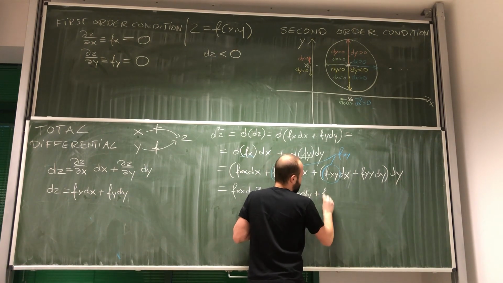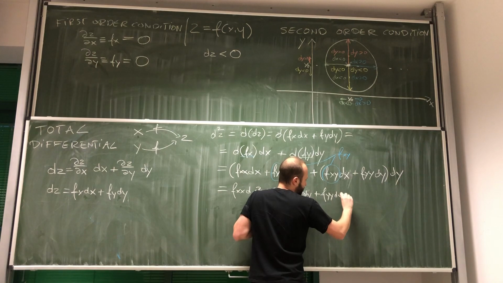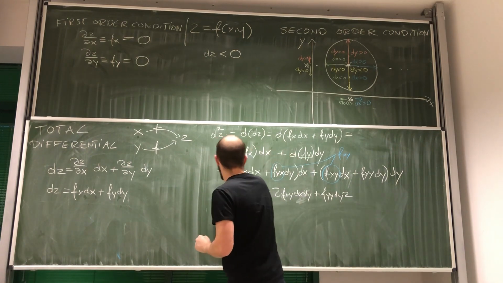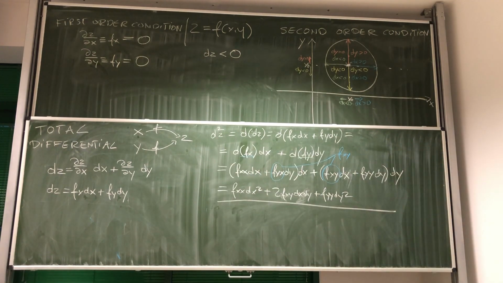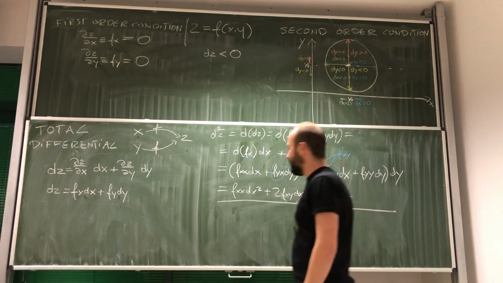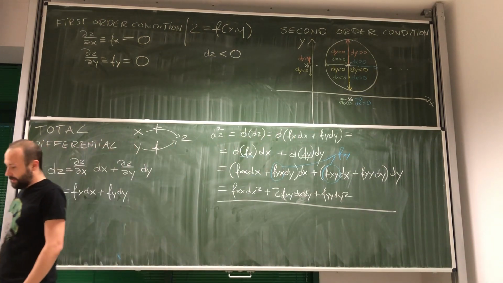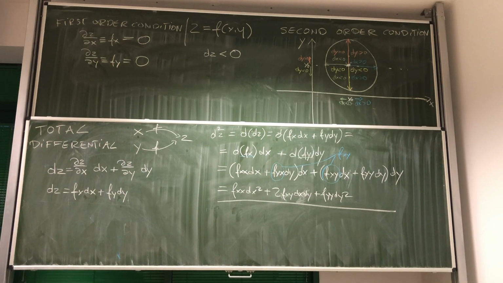And finally plus fyy dy squared. This expression is the expression for the second differential of z.